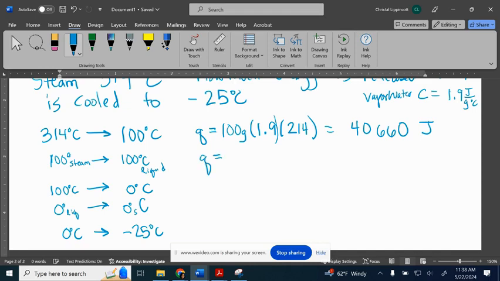Then I need to do that heat of vaporization equation. I need the mass again, and I need the heat of vaporization for water.